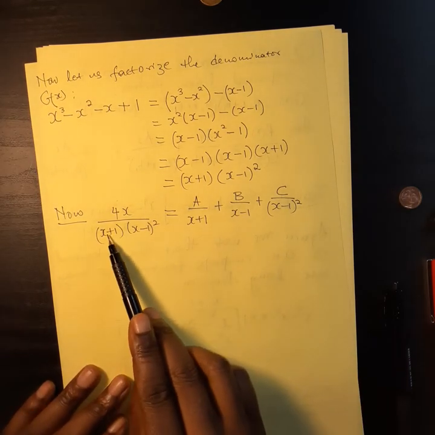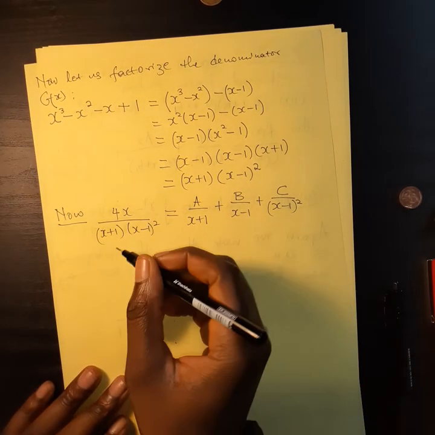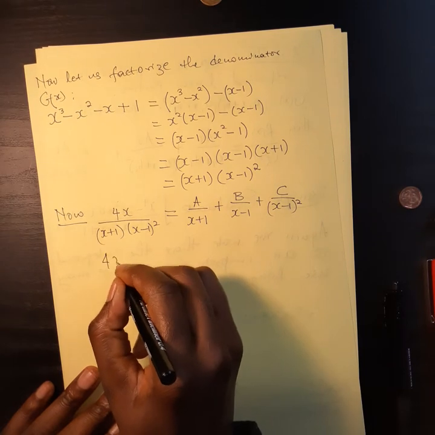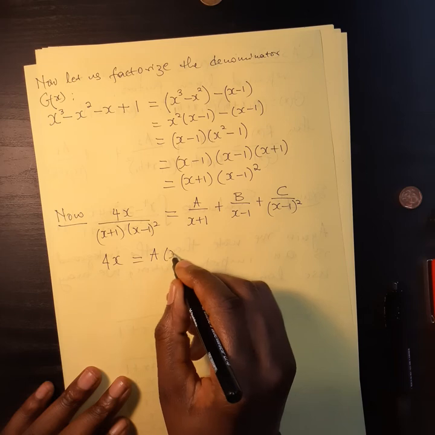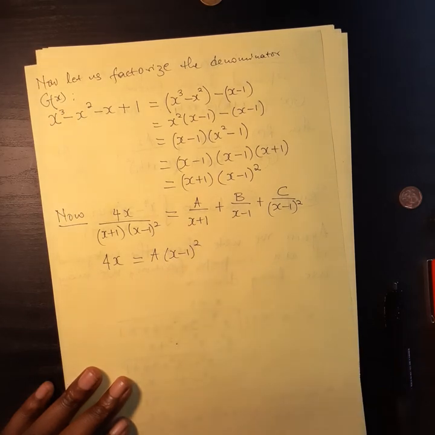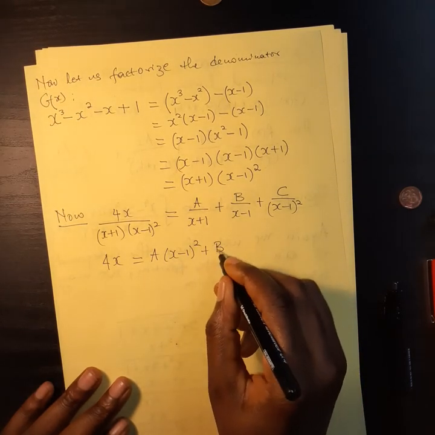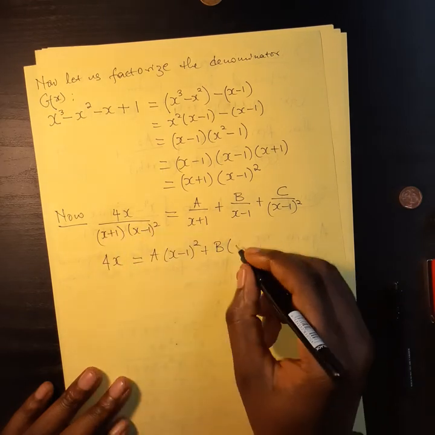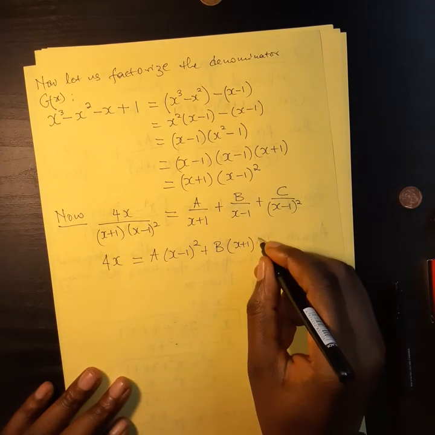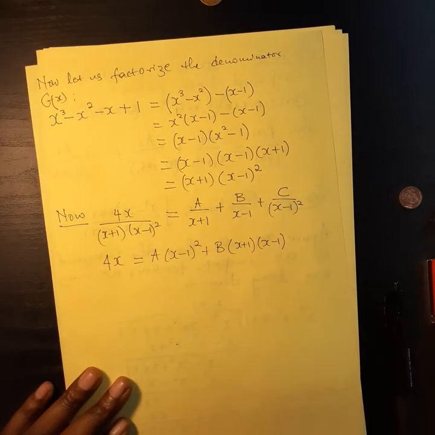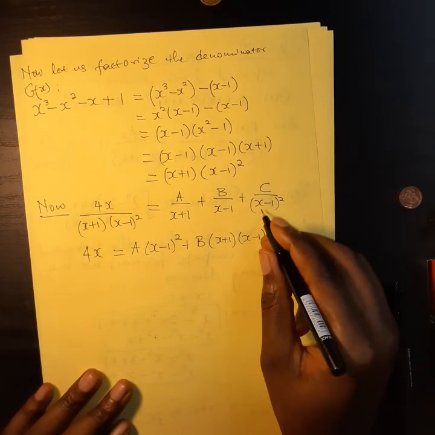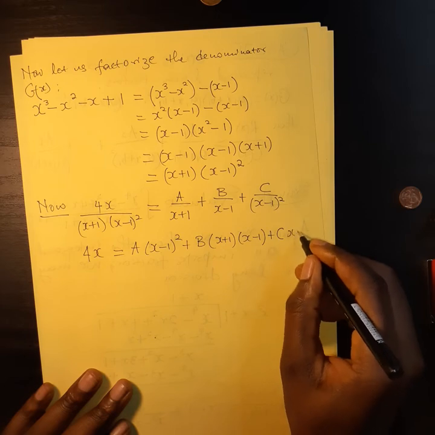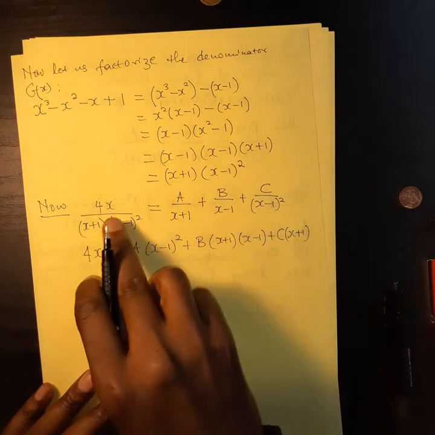We first multiply throughout by the denominator to get 4x equal to a into x minus 1 all squared, plus b multiplied by this, you will be left with x plus 1 times x minus 1. And then you get c multiplied by x plus 1, because this will cancel out.